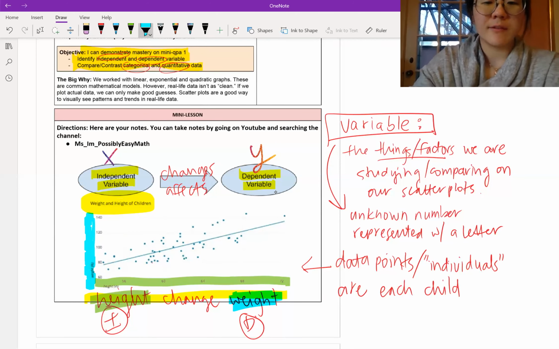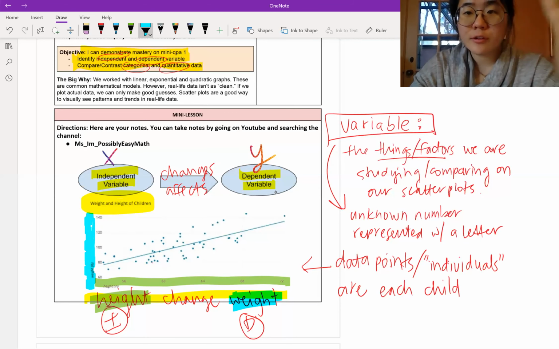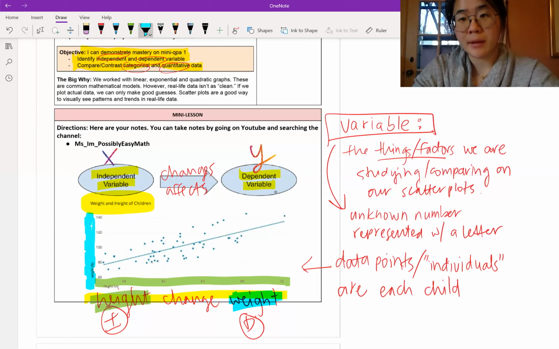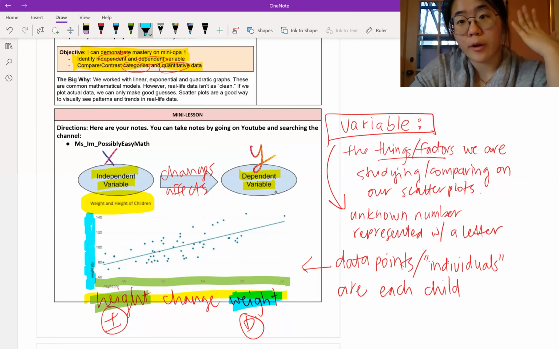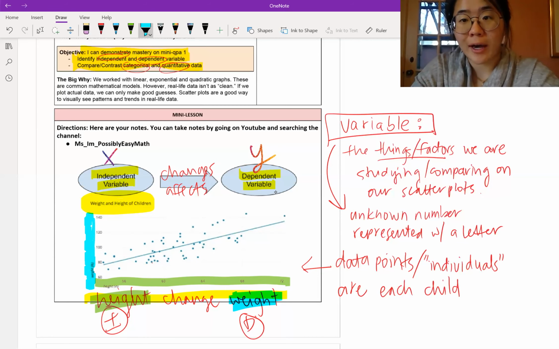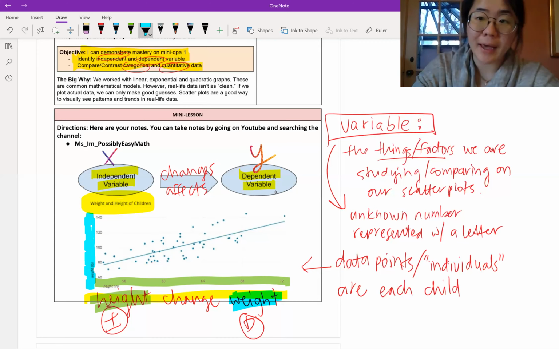Which is our dependent variable. So these are the two things that you can identify: independent, dependent variable. Independent is our x, or the thing that changes the dependent. Our dependent is our y value, or the thing that is affected by, or depends on, our x values, our independent variable.